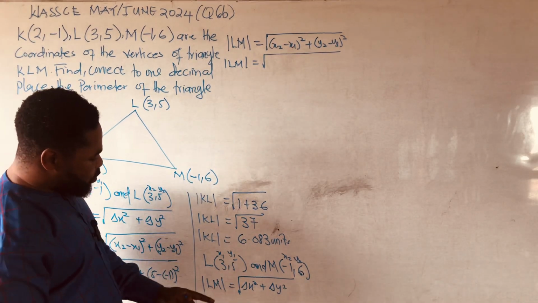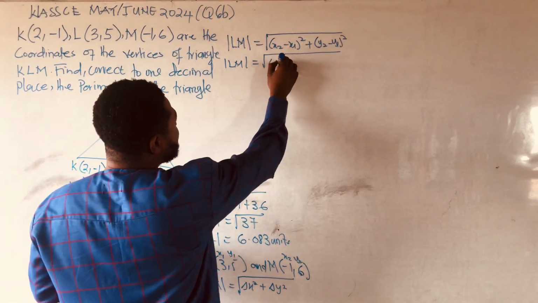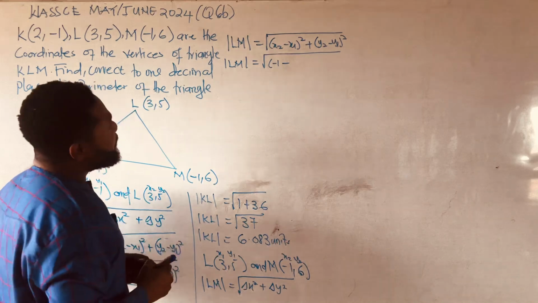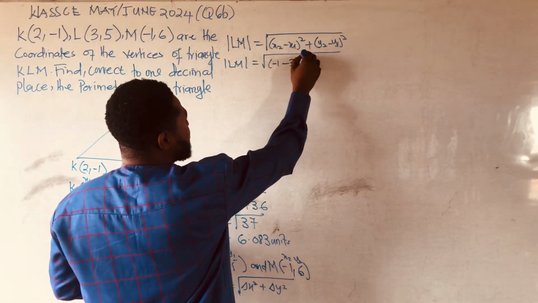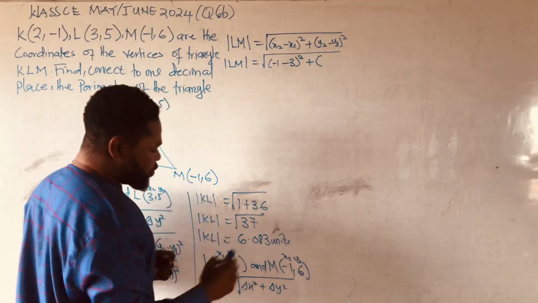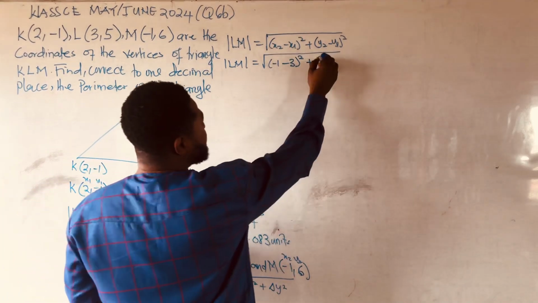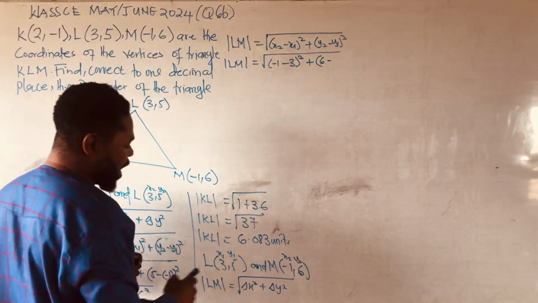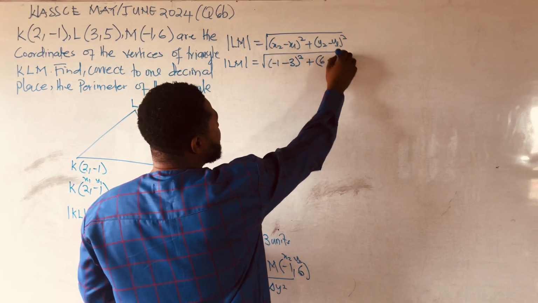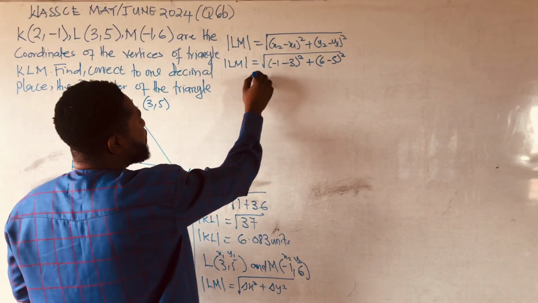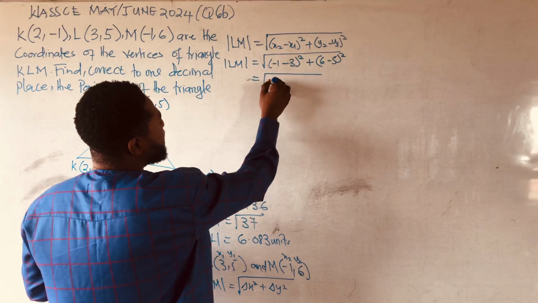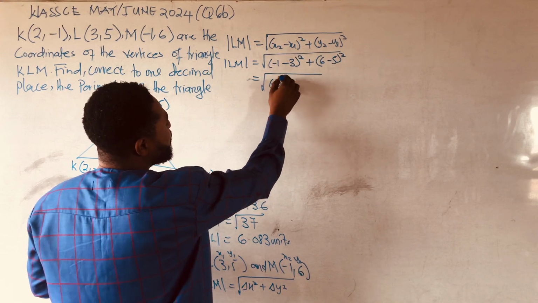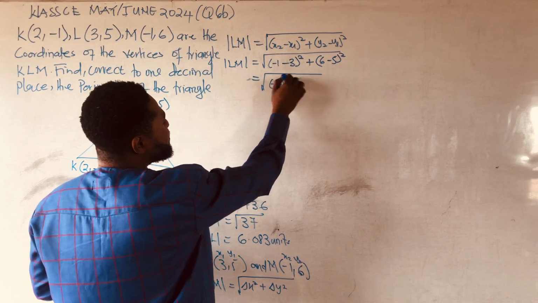At this level, we fix our values into the formula. So our x2 will be -1. We put our -1 minus x1, which is 3, plus y2, which is 6, minus y1, which is 5. Then we simplify our numbers in the root, and this will be -4, so -4 squared.